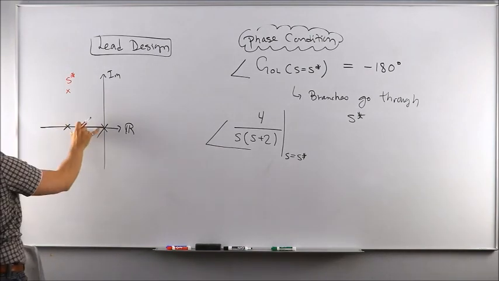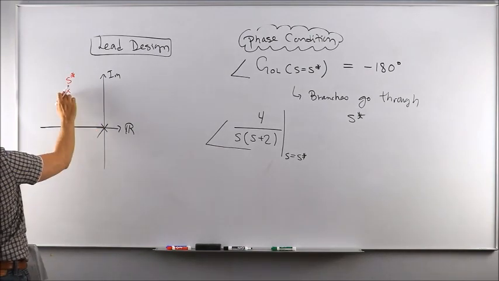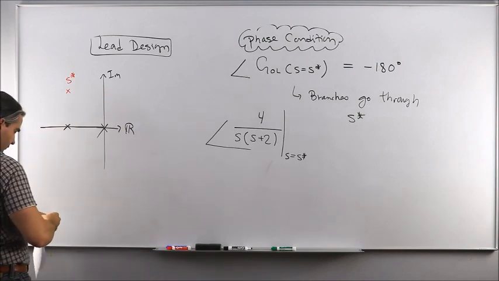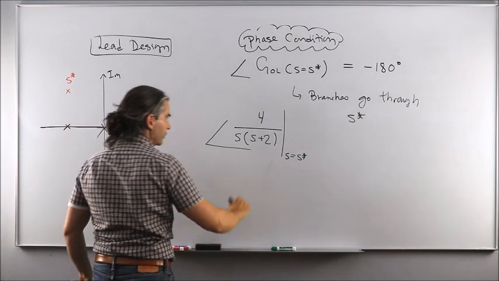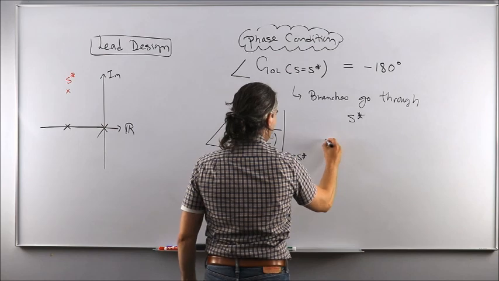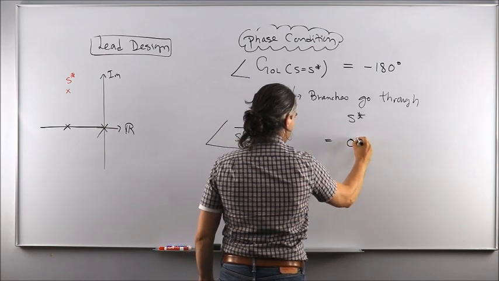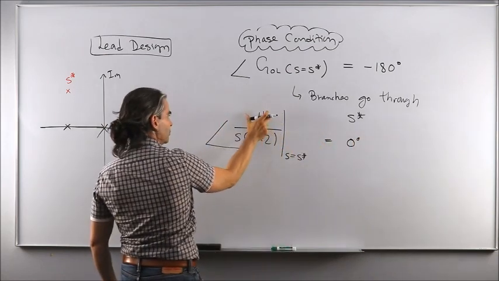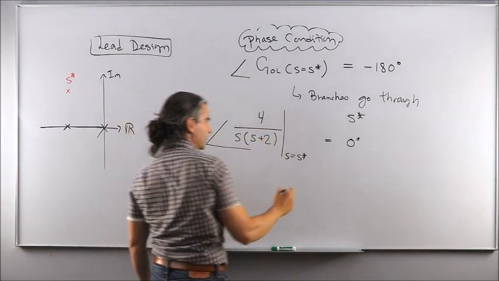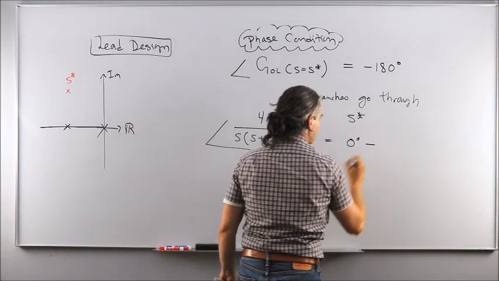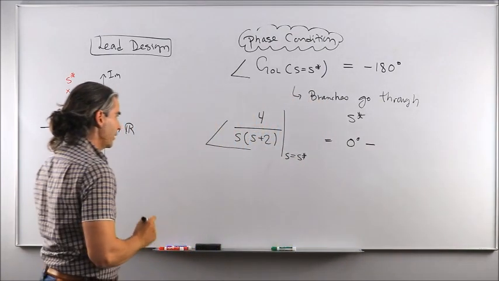What is the phase of those two poles evaluated here? Well, the phase of just a number happens to be 0 degrees. So you do the phase of the numerator minus the phase of the denominator. Hopefully you remember how to calculate the phase of a transfer function.